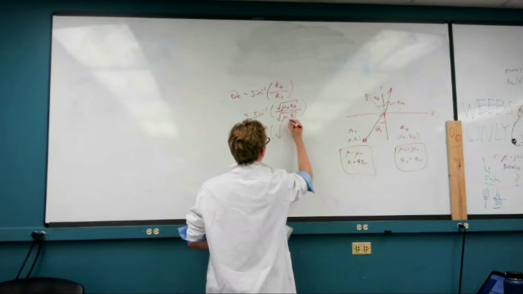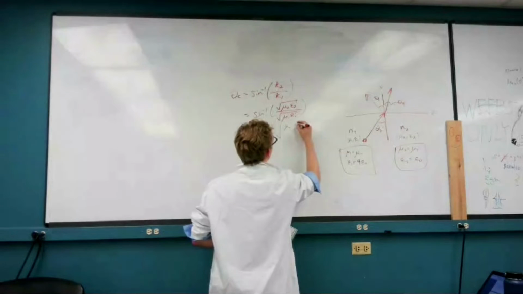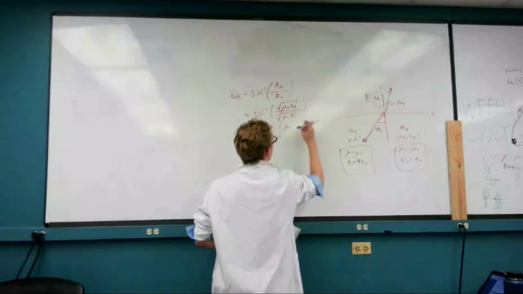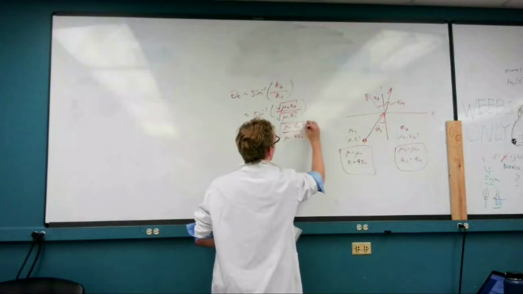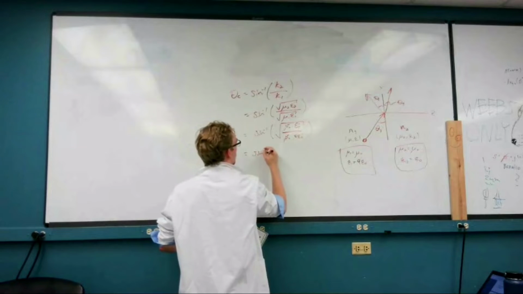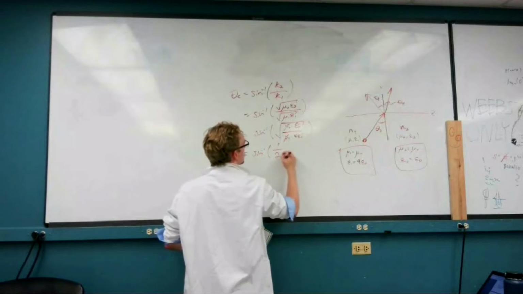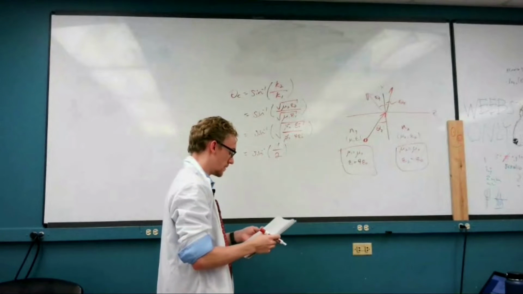Square root. This is mu naught times epsilon naught divided by mu naught times 4 epsilon naught. Epsilon's gone, mu's gone. This is just inverse sine of 1/2. Very nice, simple formula.